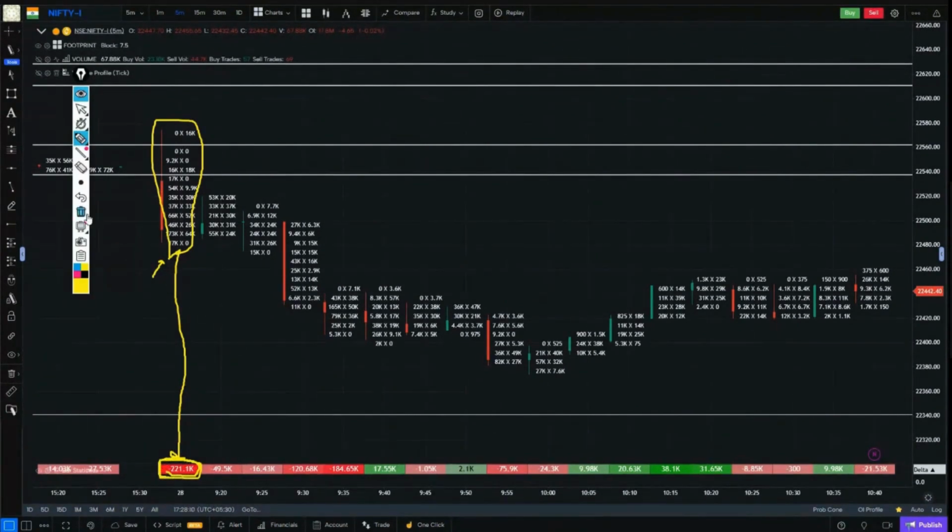Now, let's look at this candle. What is the delta of this candle? There is no negative sign here, so it means this is a positive delta. Inside this candle, there are 17,000 more buyers as compared to sellers. This gives us delta confirmation. It's simple what delta tells us: delta gives us the difference between buyers and sellers.